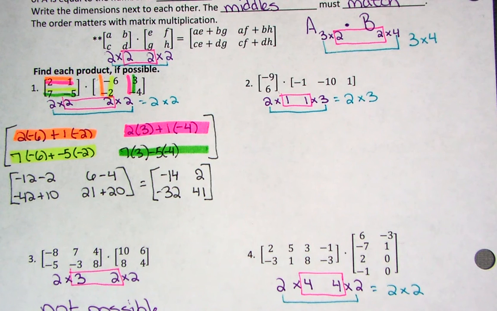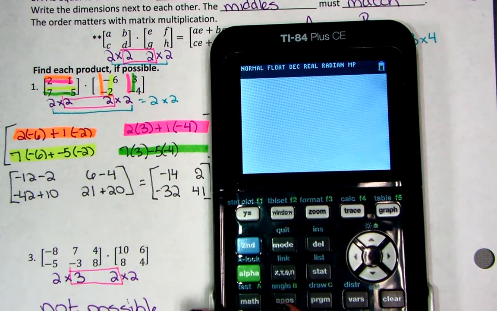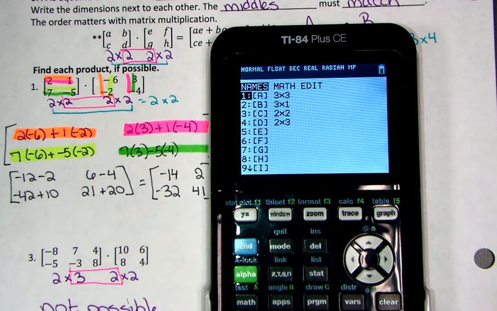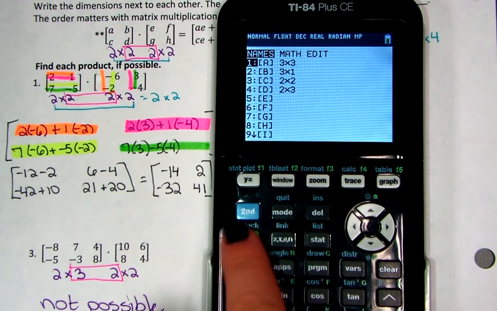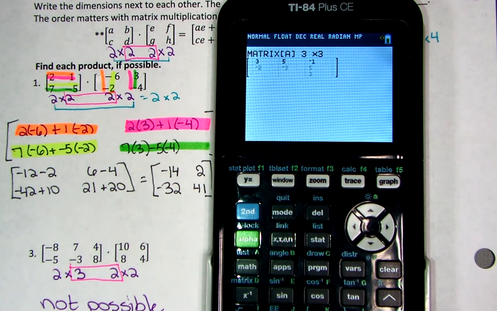Now I'm not going to show you how to get these on your calculator for all of the examples, but I will walk you through on the first one. So we need to enter our matrix into our calculator. So remember, we press second and matrix, and then we go over to edit.